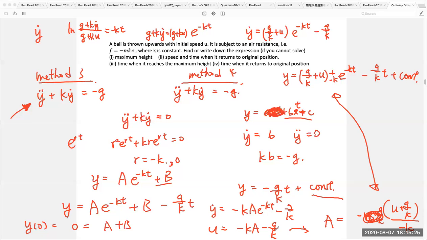And for B, it doesn't matter. Now you can see that you have four different methods to solve this equation, and all of them will give you the same answer. You need to try to do it again at home, to see if you are familiar with these four different methods.